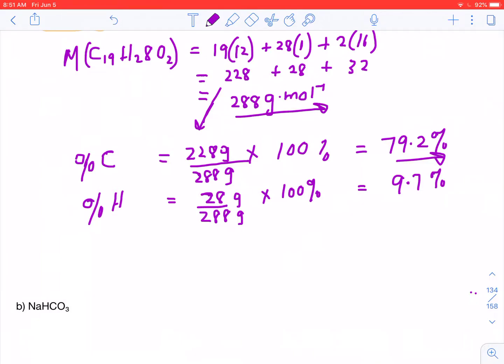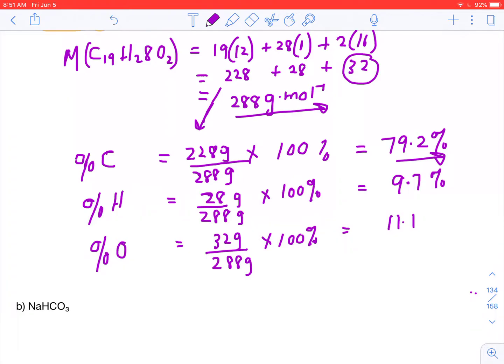And then we want to know the percentage of oxygen in here, and that would be equal to 32 grams all upon 288 grams times 100%, which gives us 11.1%. Right, if you add all these percentages up, that should add up to 100, okay.